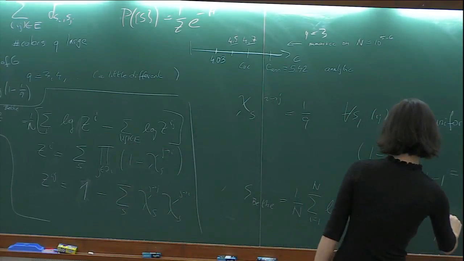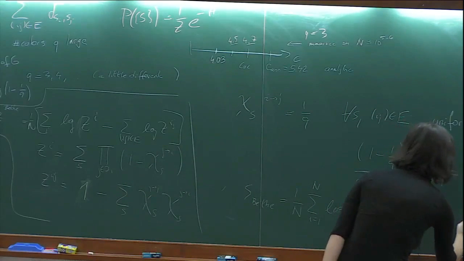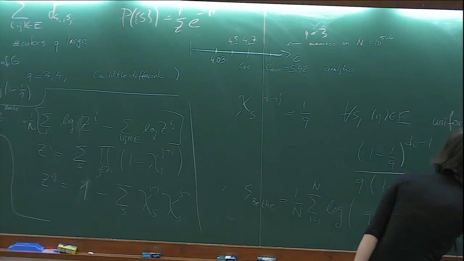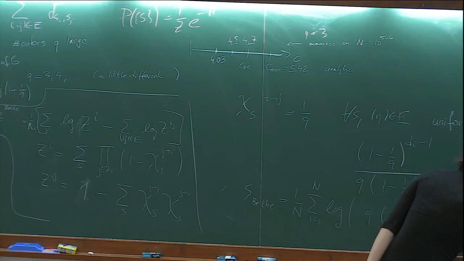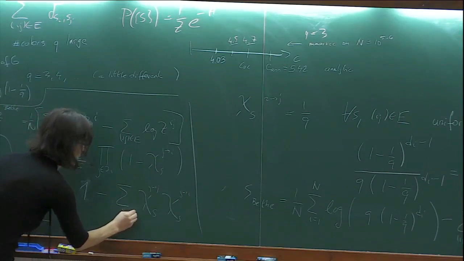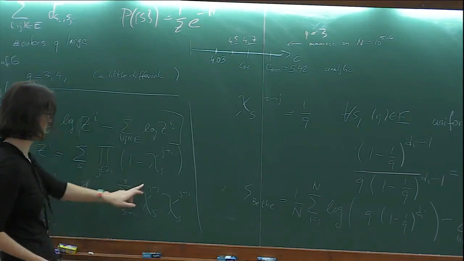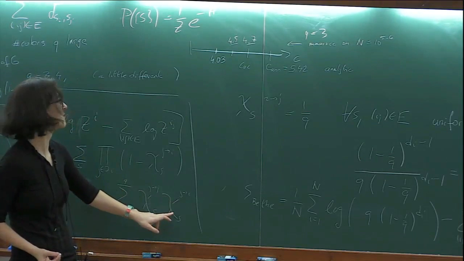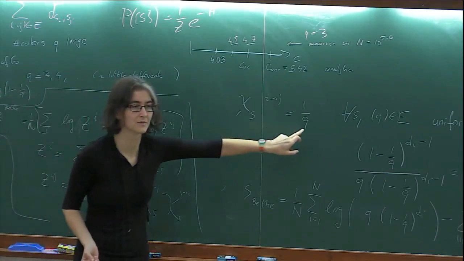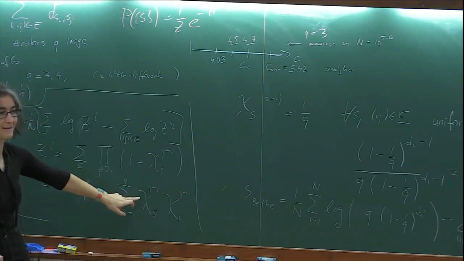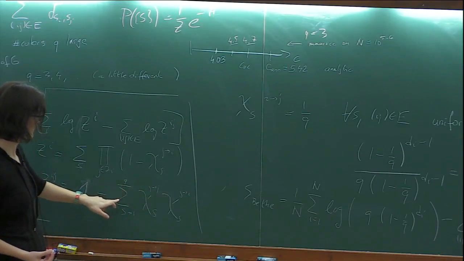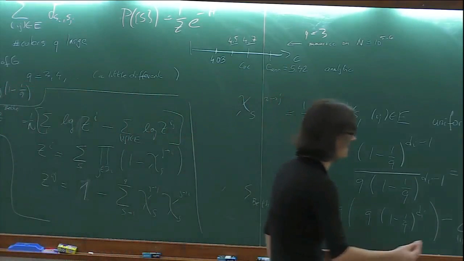And now the second term is the sum over all edges, again of the logarithm of 1 minus the sum over all colors. So s goes from 1 to q. And here I have 1 over q, and here I also have 1 over q, because this is the uniform fixed point. For every x_i, I'm plugging in 1 over q. So I have 1 over q, q times, so altogether it's again 1 minus 1 over q.